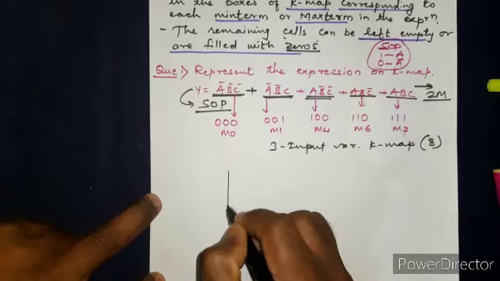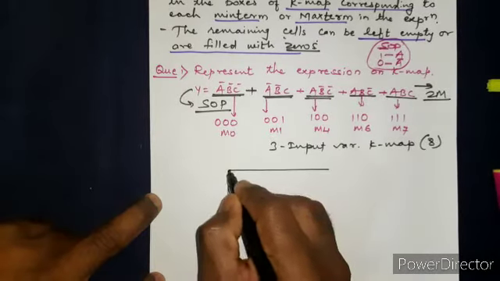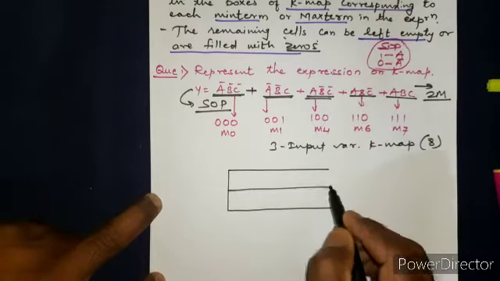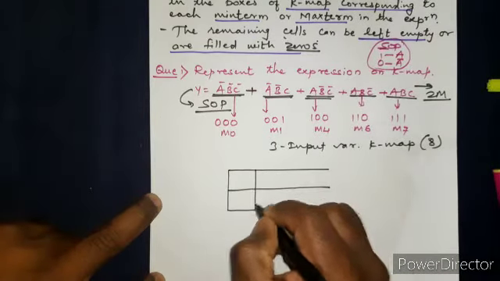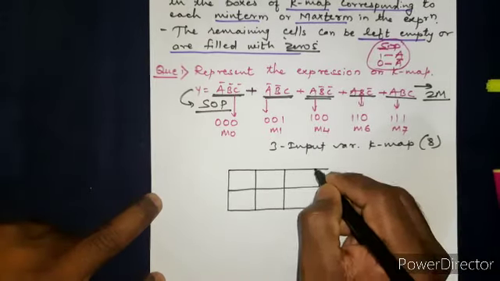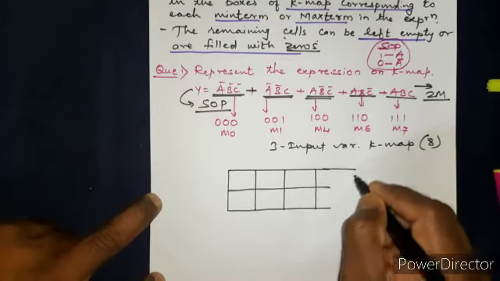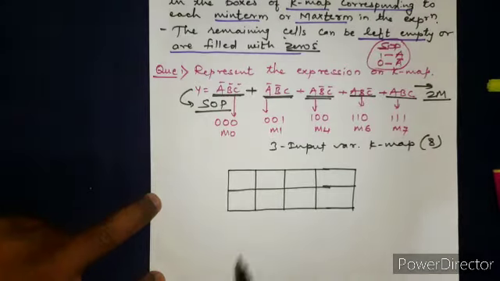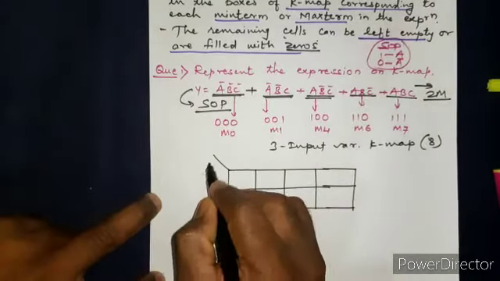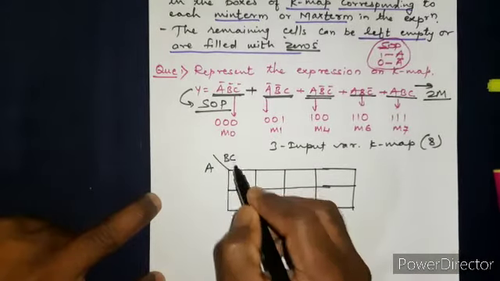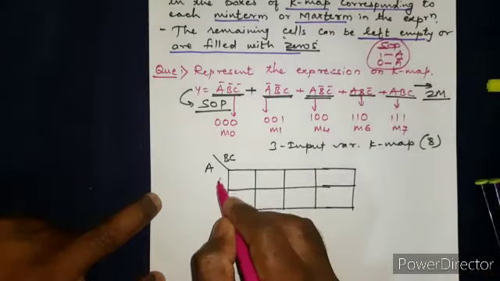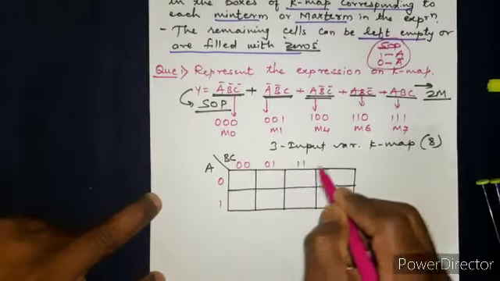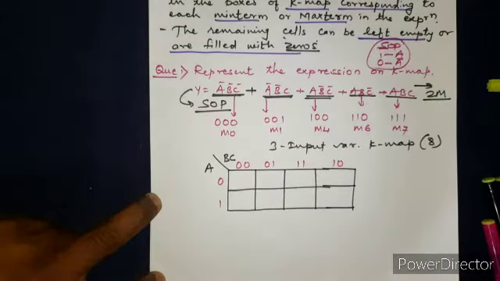So you can simply draw this, 1, 2, 3, 4. Okay, we can take this A and this is BC. So this is 0, this is 1, and 00, 01, 11, 10, right?